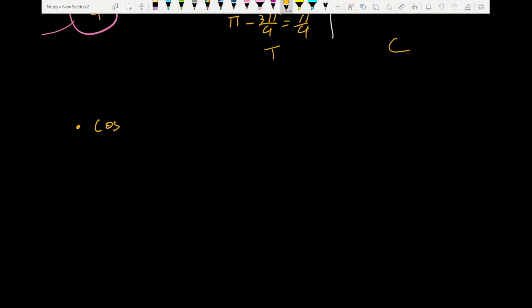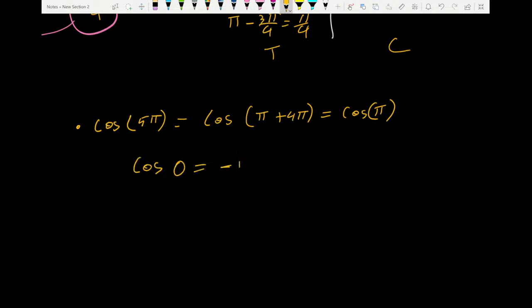Let's do another problem. Cosine of 5 pi, what would that be? Again, the period is 2 pi. So right away I could write it as cosine of pi plus 4 pi. And 4 pi is redundant, so we just look at cosine of pi. Well, we know cosine of 0 is 1, sorry.